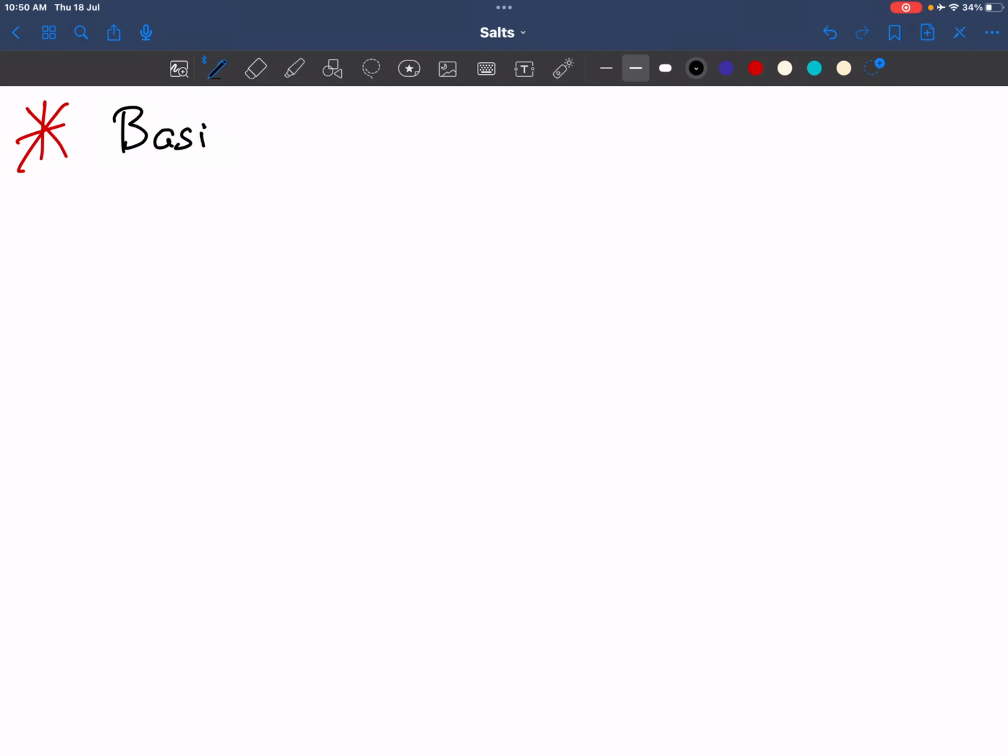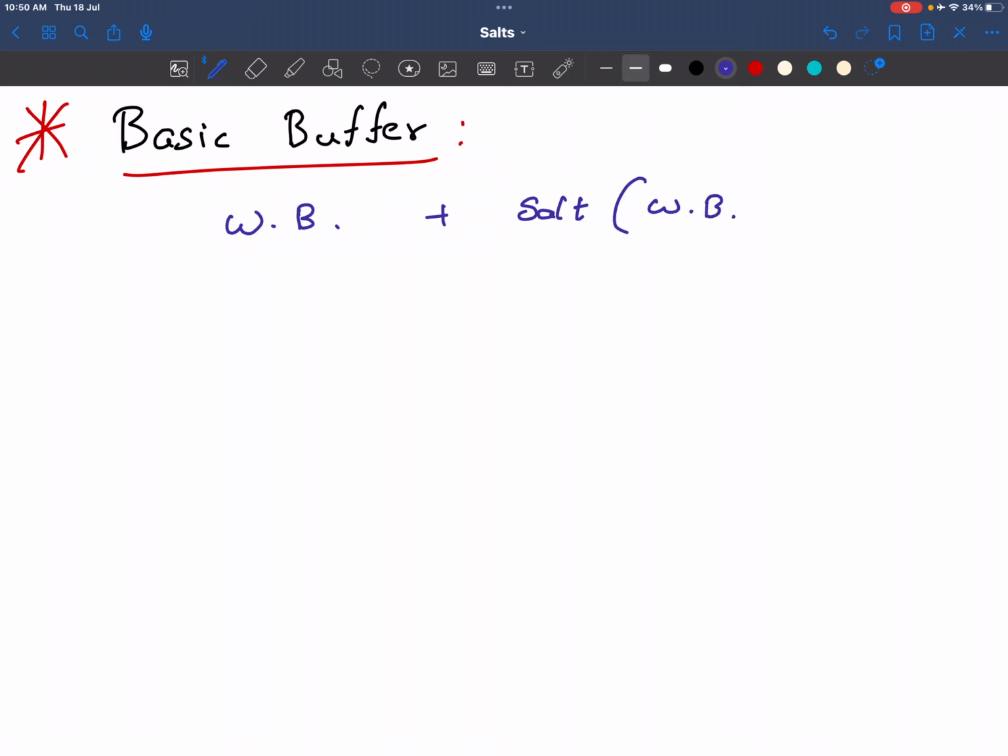Now, next is basic buffer. Basic buffer is prepared by mixing a weak base plus its salt with a strong acid. Weak base, salt with a strong acid, and the weak base itself, a mixture as a solution is called basic buffer.